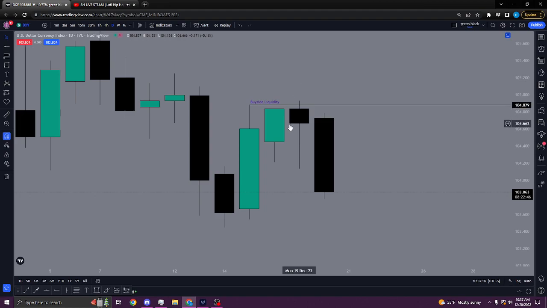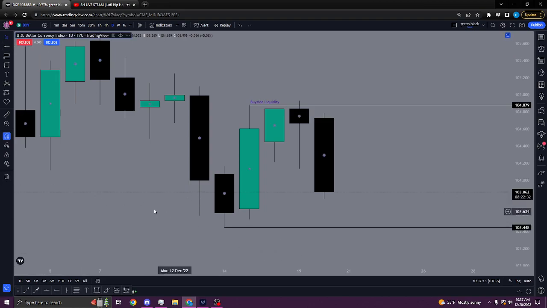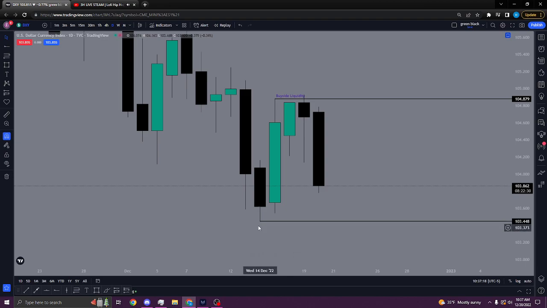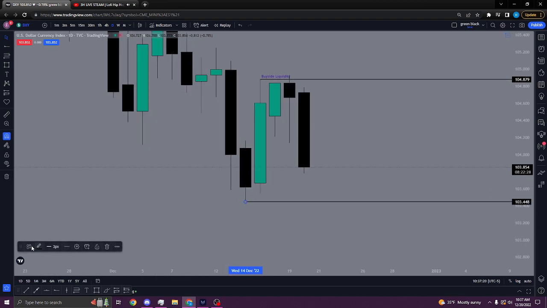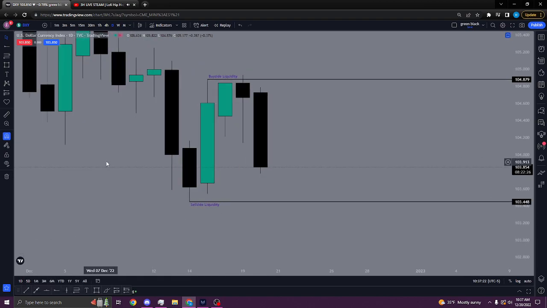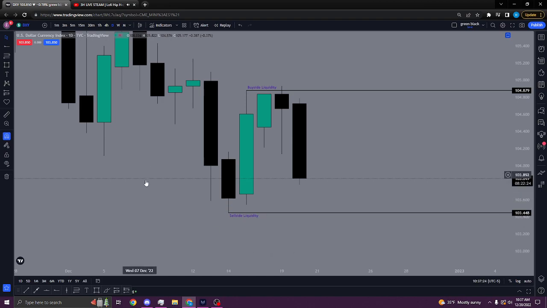So when Monday punched above that old high yesterday, I was like, okay, when we close, Tuesday can punch up a little bit, but probably give up the ghost and go lower and aim for this old low down here, right? So then that is sell side liquidity, and that's a potential target.